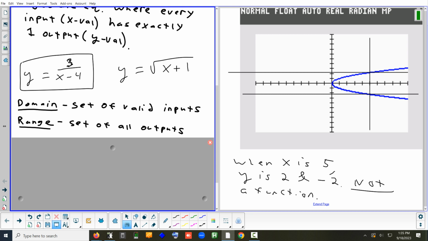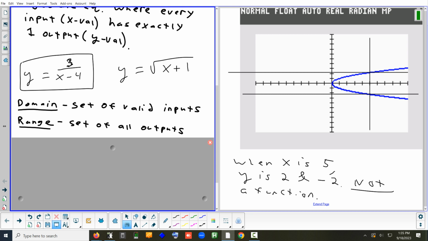What do we want to make sure? When we take a square root, we want to make sure that what's underneath the square root is never what kind of number. We do not want to take the square root of a, Sean? Negative number? Yeah, we don't want to take the square root of a negative. Square root of 0, that's fine. That's 0. Square root of positive numbers, that's fine.